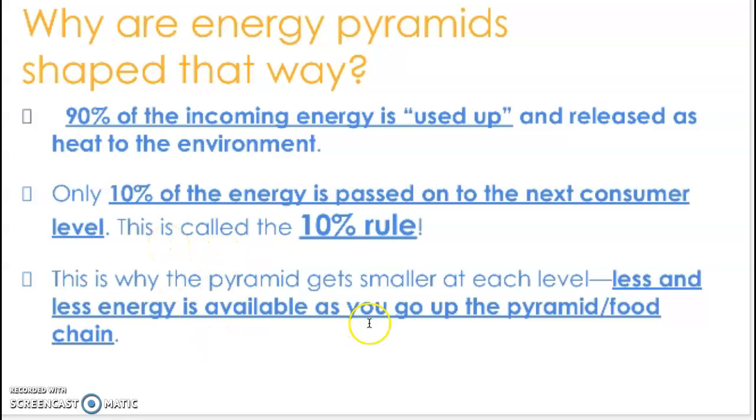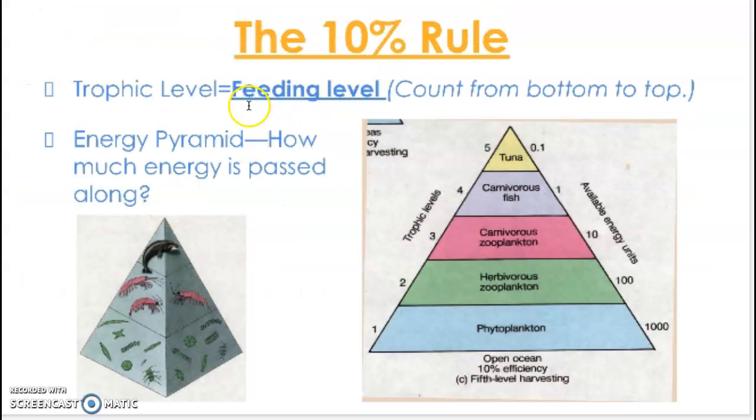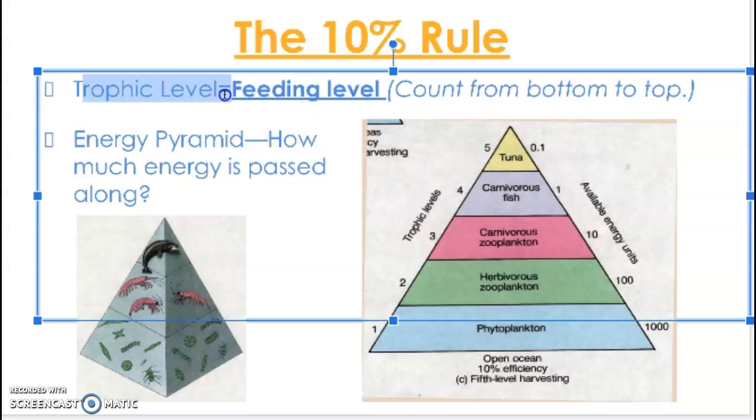This is why the pyramid gets smaller at each level. Less and less energy is available as you go up the food chain, right? That's what I just said. The 10% rule, a little bit more about that. There's a definition you need to know. It's called the trophic level. Each level right here on the pyramid is a trophic level, a feeding level.